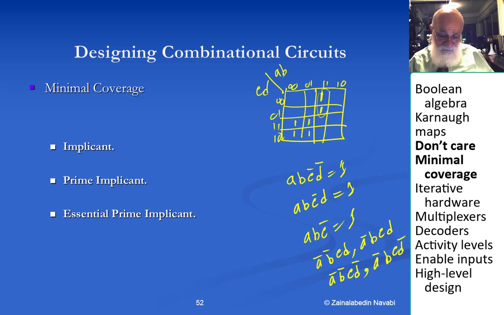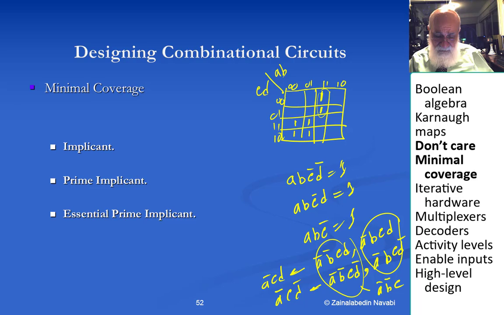The combination of these two, that's an implicant, okay, which is A bar, C, D. The combination of these two, which is A bar C D bar, is an implicant. The combination of these two is an implicant, which is A bar B bar C. The combination of these two is an implicant, which is A bar B C. The combination of these two is an implicant, which is A bar C.